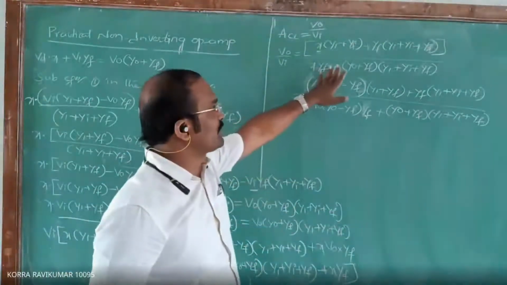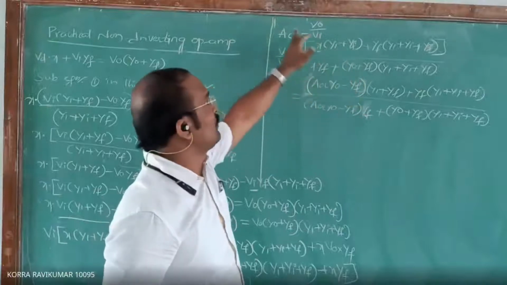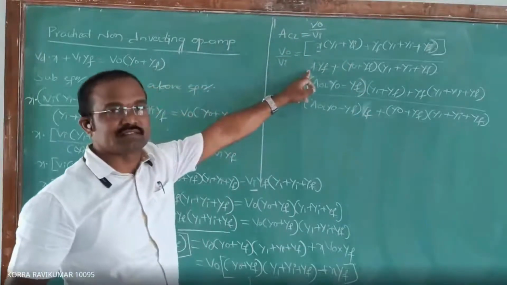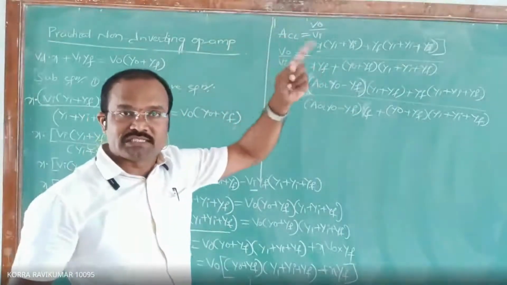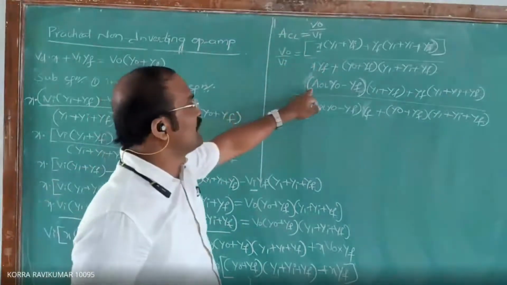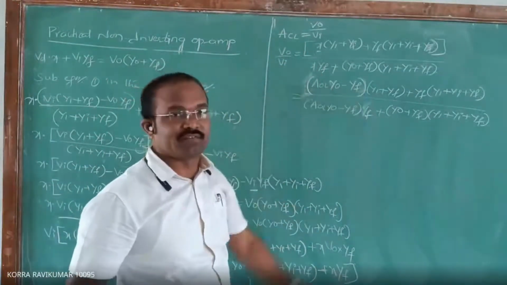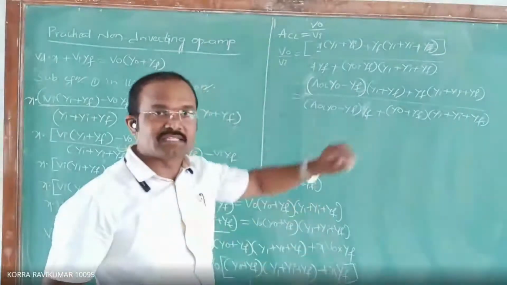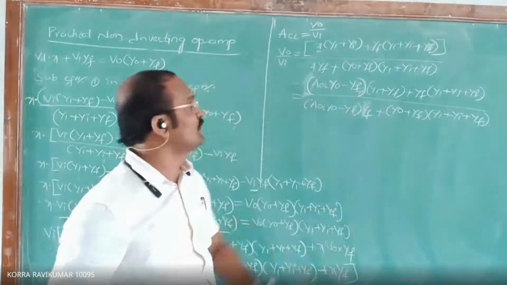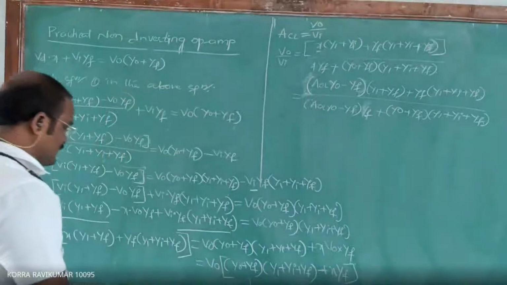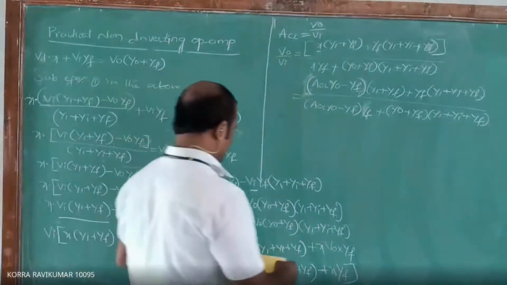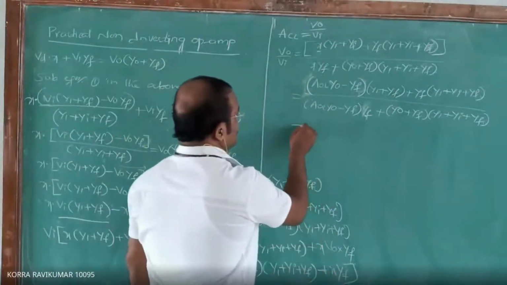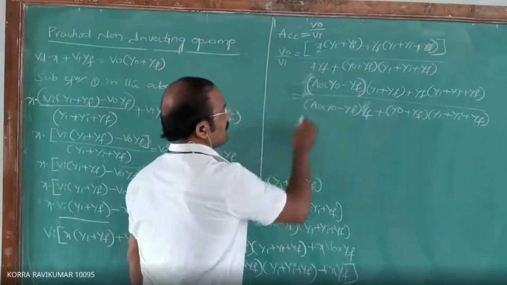Then the expression becomes like this. Now I substituted the value of F, because I considered X as AOL into (Y0 minus YF). Now what I have to do here is simplify that, multiplying in a sense.